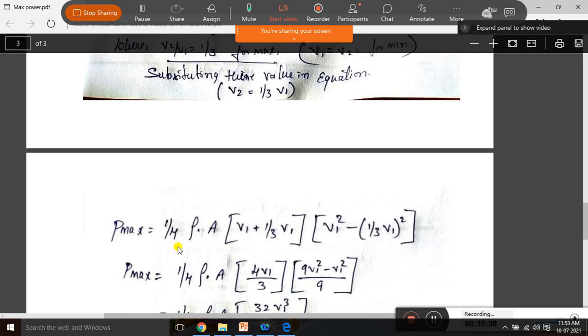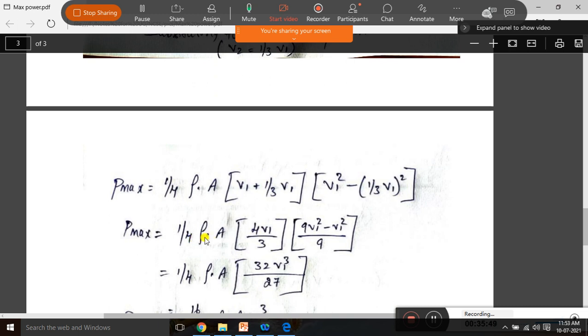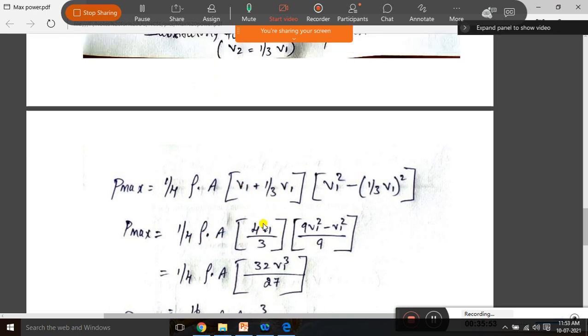So P maximum is equal to 1 by 4 rho A. In place of V2, just substitute the value 1 by 3 V1, so V1 square and 1 by 3 V1 whole square. So P maximum is equal to 1 by 4 rho A, and take V1 common, 4 by 4 into V1 by 3, and here the square is there, so 3 square means 9. So 9 V1 square minus V1 square becomes 8 V1 square by 9.